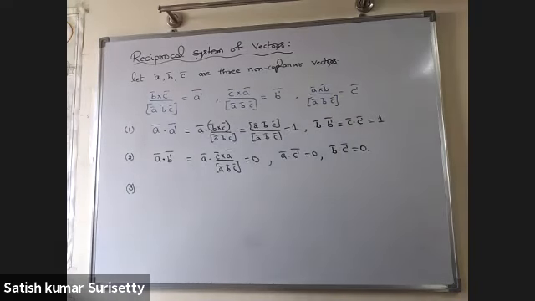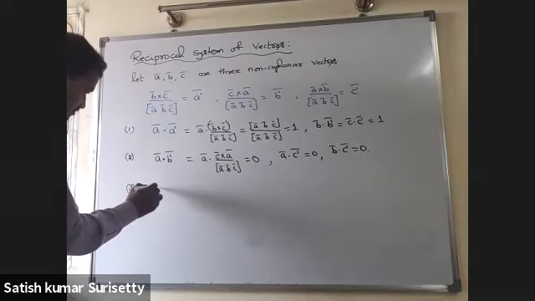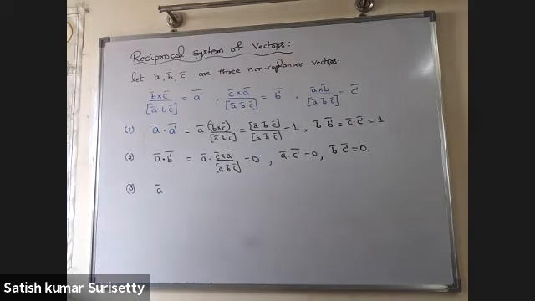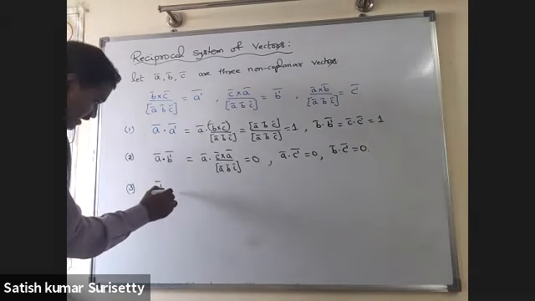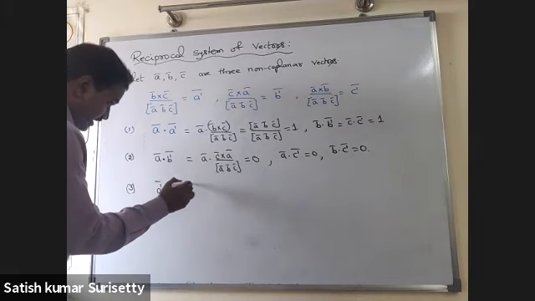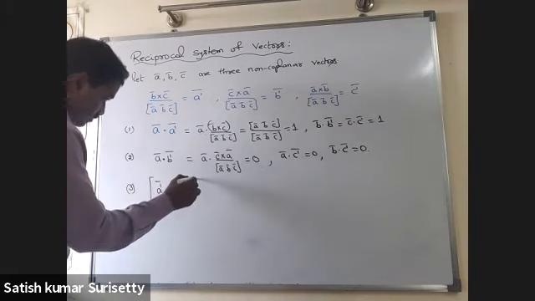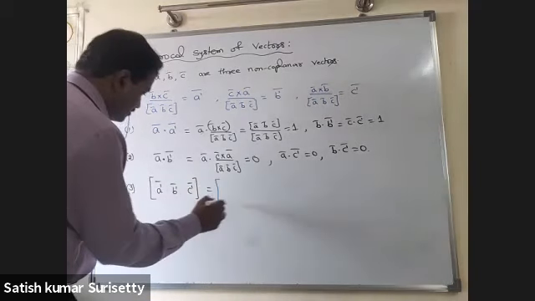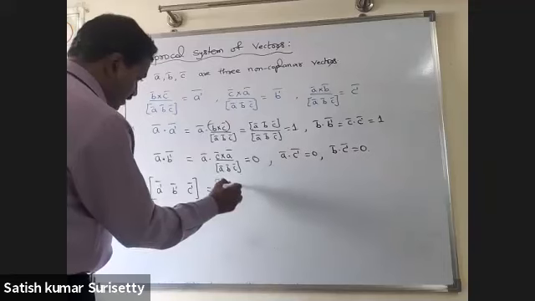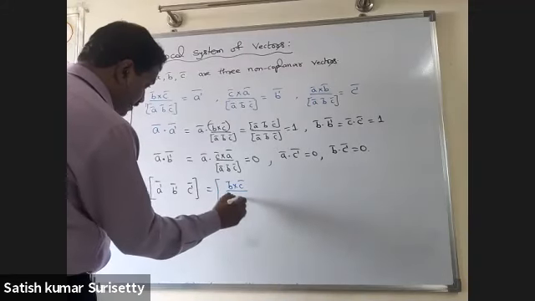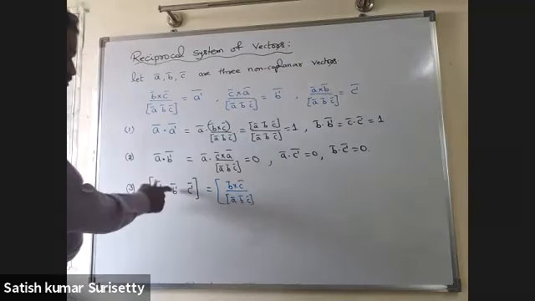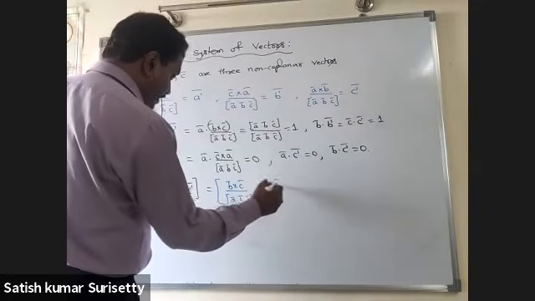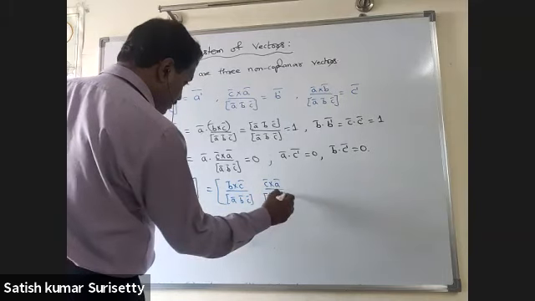Third, the scalar triple product of A dash bar, B dash bar, C dash bar. This will be the same as the ABC triple product. A dash bar means B bar cross C bar upon scalar triple product of A bar, B bar, C bar. B dash bar is C cross A upon scalar triple product of A bar, B bar, C bar.